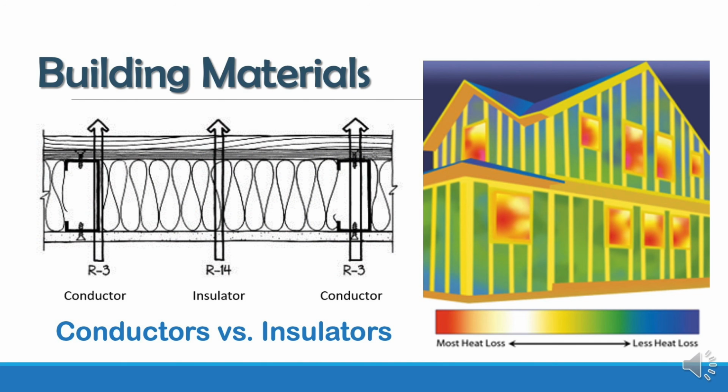If we look at the image to the left, we see that the R value, which I'll talk about in a future slide a little bit more, the R value is a measure of resistance to heat transfer, that through the metal stud, so that C shape is a metal stud as opposed to a wooden stud, we have conduction happening there, whereas in the middle where that sort of zigzaggy shape is, that indicates insulation in the wall cavity.